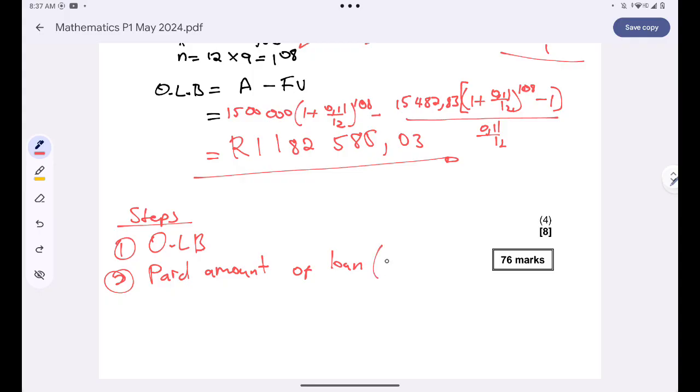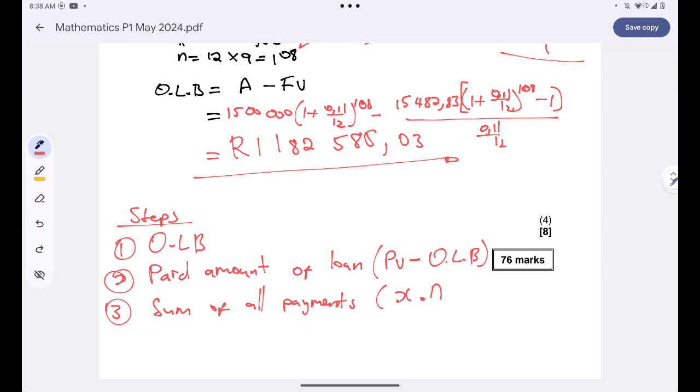How do you do that? You take your present value, your initial amount, which was 1.5 million, and then you subtract your outstanding loan balance. Then thirdly, you must find the sum of all payments. Basically, take x multiplied by n.